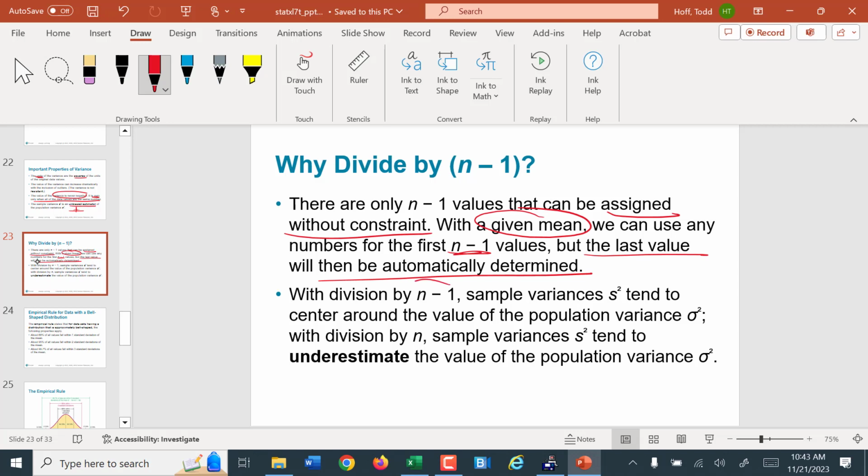If we divide by n-1, then the sample variance becomes an unbiased estimator of the population variance. If we use just n, it would become biased. It would always be an underestimate, or smaller than the population variance.